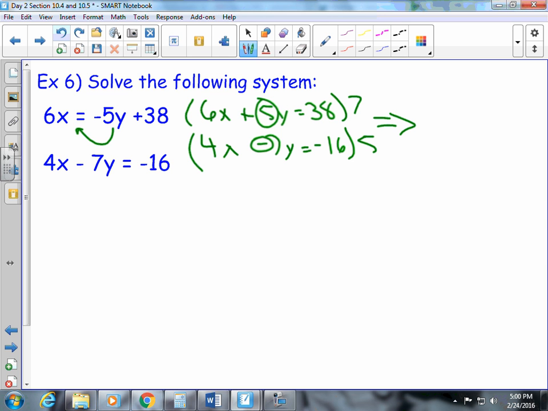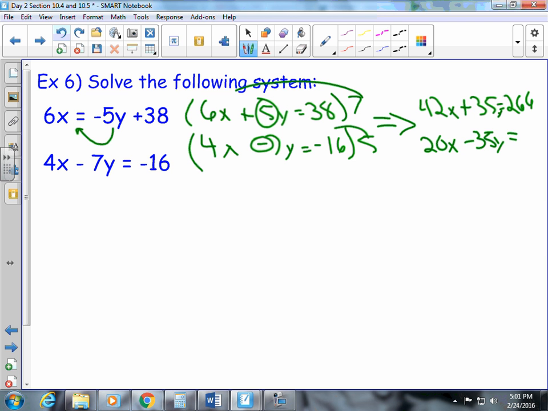What I'll end up with is 6 times 7 is 42x. 7 times 5 is 35y, and that's equal to now 7 times 38 is 266. Okay? And when I multiply everything by 5 here, I get 20x. Now it's minus 35y, got my y here.